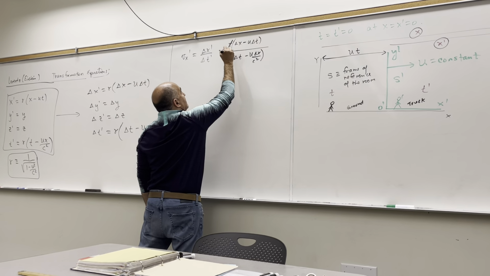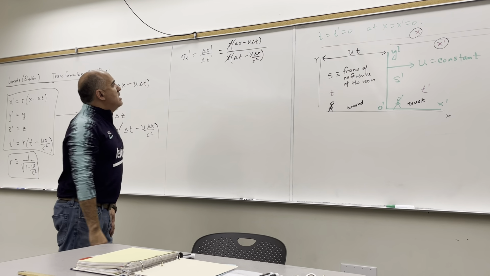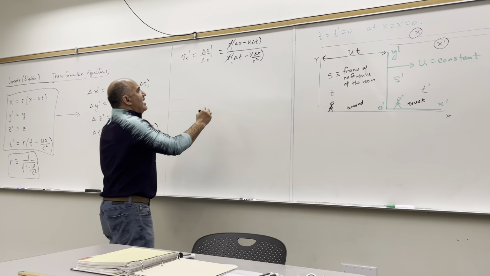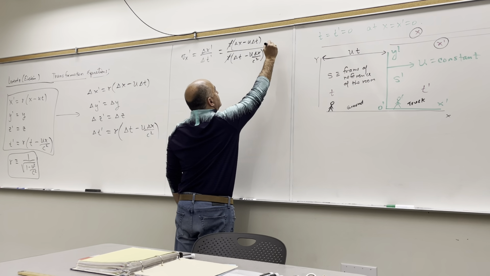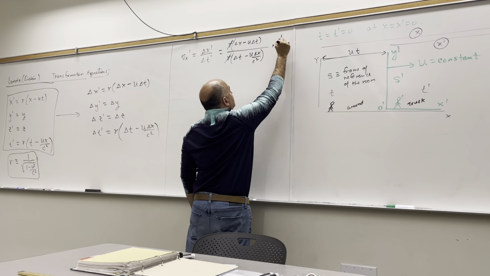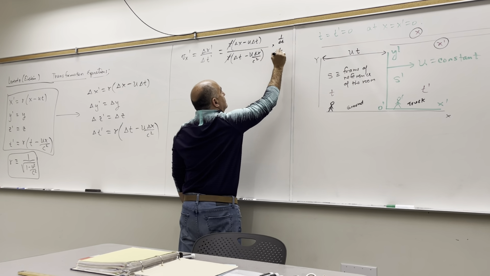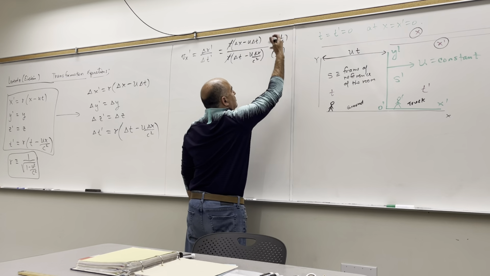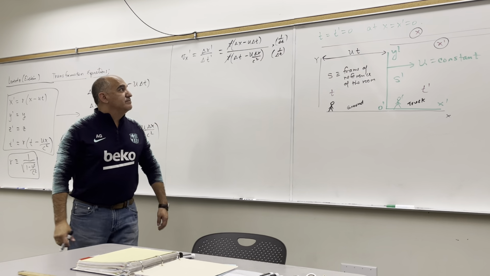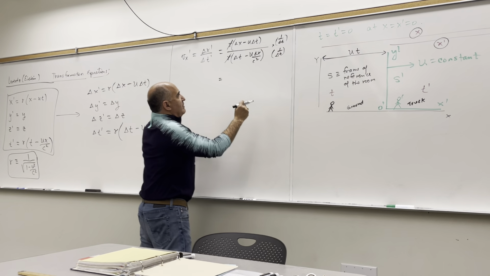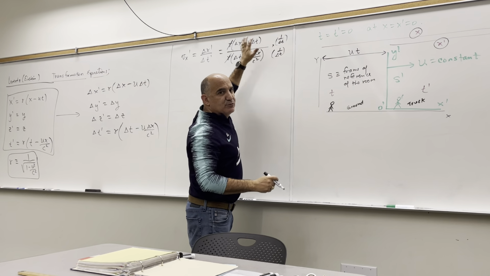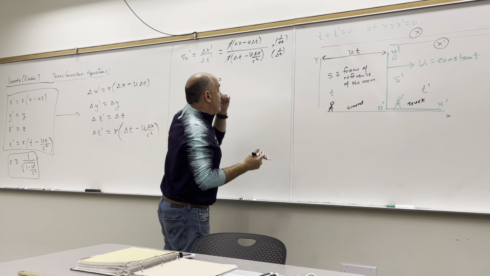So notice that the gammas cancel. And what if I multiply this equation by 1 over delta t? In other words, I'm multiplying by 1. I'm just dividing numerator and denominator by delta t, so I'm not changing anything about it, I'm just rewriting it.